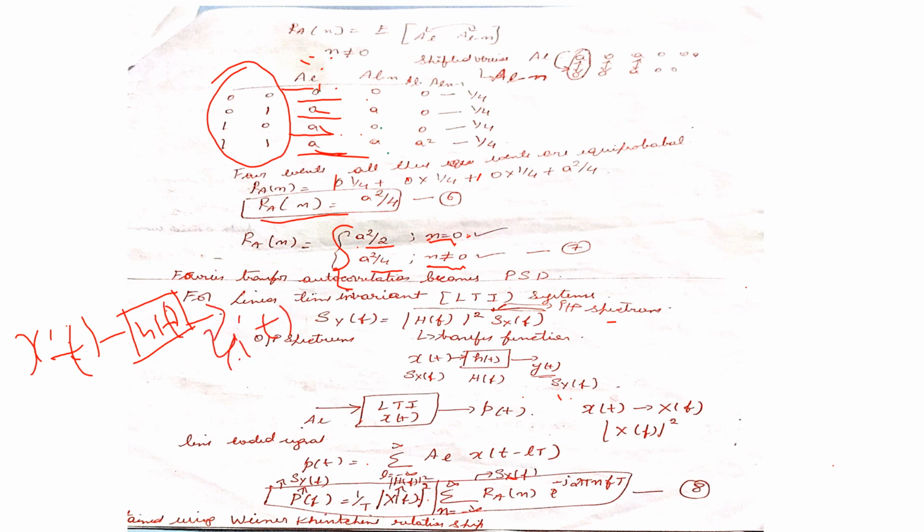Now what we have done is take the input x of f, derived the pulse in terms of the Fourier transform, given the frequency response of the system, h of f, and extracted y of f.